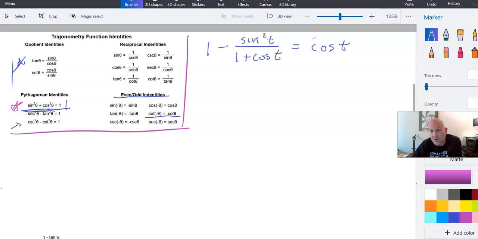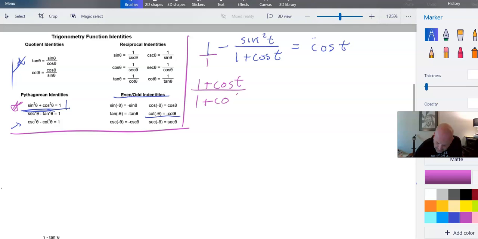That's my first goal. I can't see that far ahead whether that's going to work or not without writing it down, so I'm just going to try it and see what happens. There may be more things I have to do, but I'm just going to see. So first, I'm going to find a common denominator here, and that would be 1 plus cosine t over 1 plus cosine t.